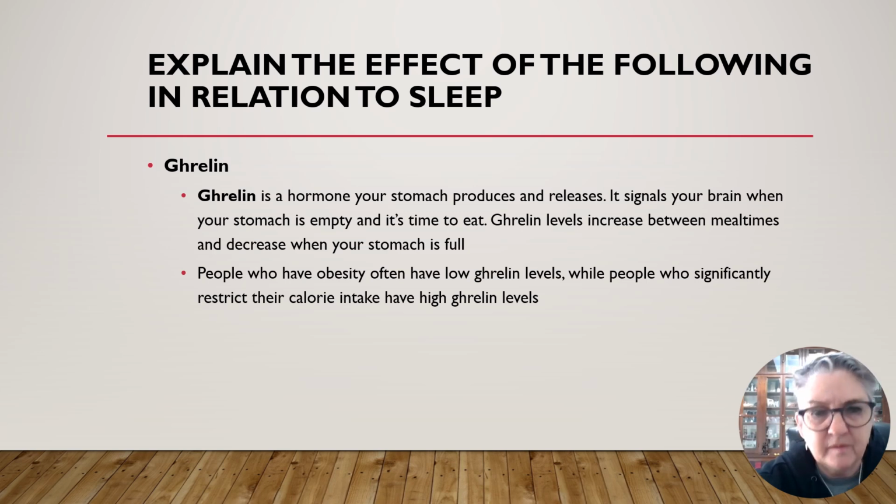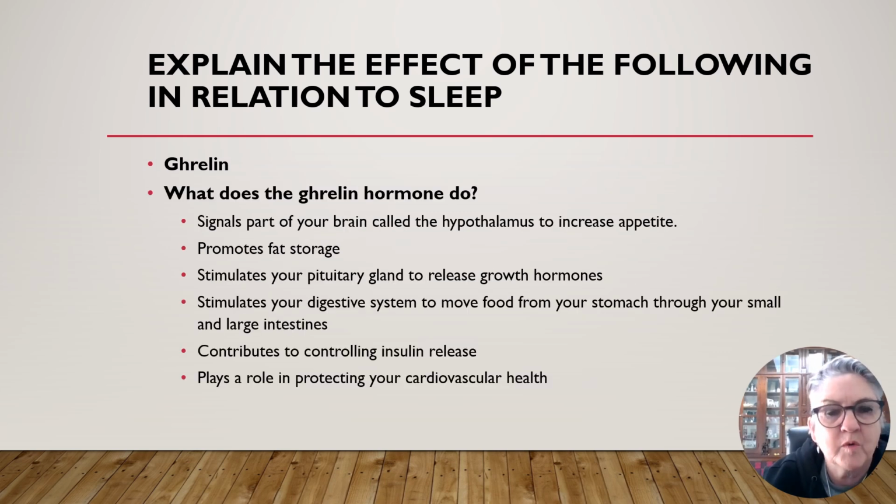It signals your brain when your stomach is empty and it's time to eat. Ghrelin levels increase between meal times and decrease when your stomach is full. People who have obesity often have low ghrelin levels, while people who significantly restrict their calorie intake have high ghrelin levels. Okay, what does the ghrelin hormone do?